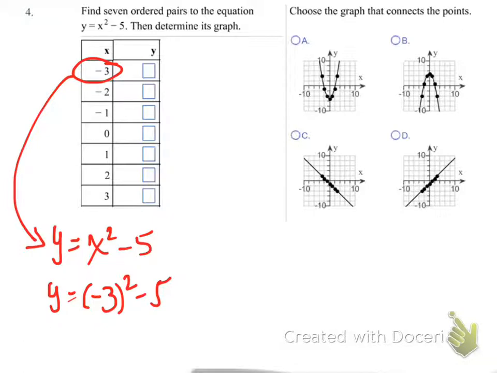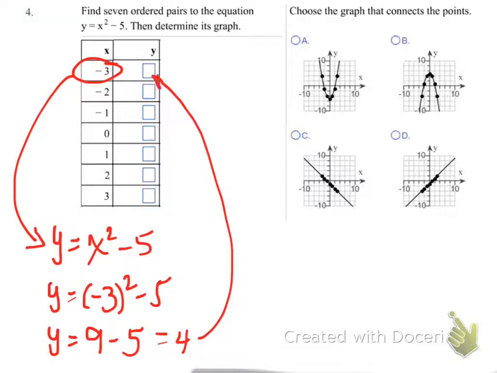That tells me I have to do the -3 squared. Y equals -3 squared is 9. So I have 9 minus 5, which gives me 4. So that goes into this little box.